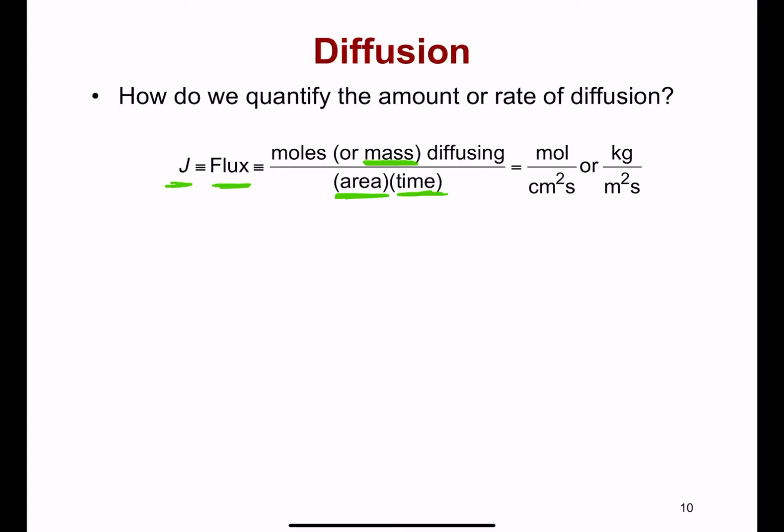Okay, so that is the easier one to consider: how many kilograms of coffee might move across a filter paper of this area, and how long it took for that amount of mass to move across that area of filter paper. Hopefully this makes a little bit of sense to you.